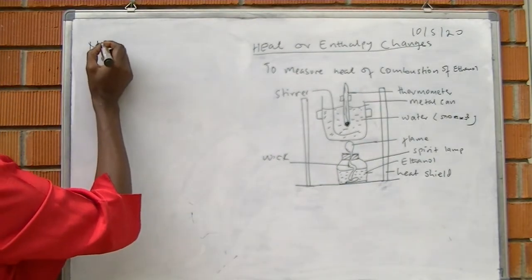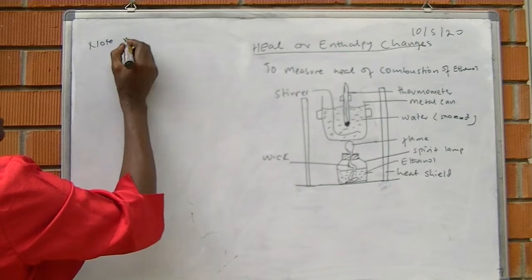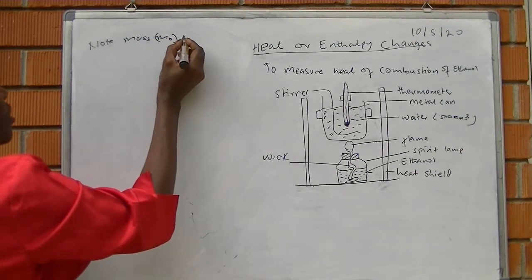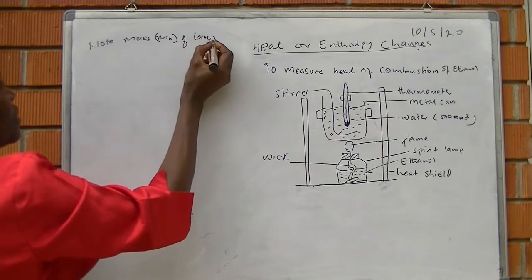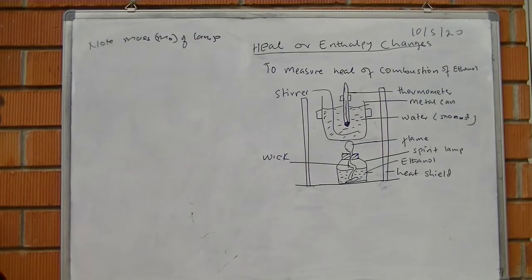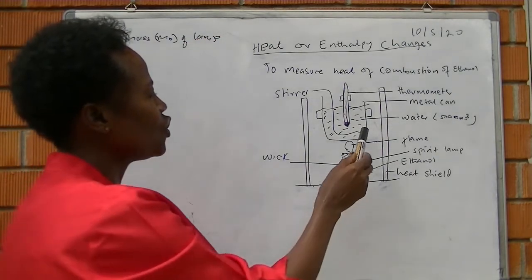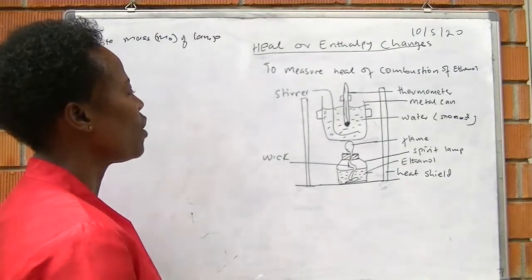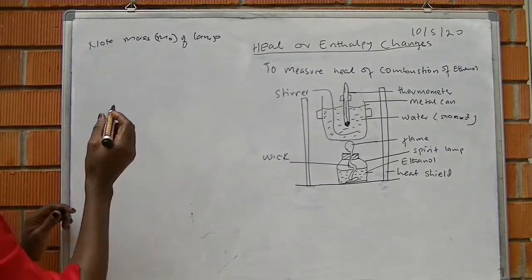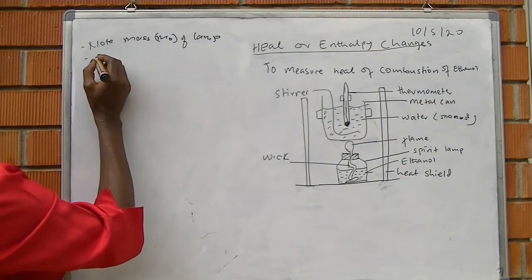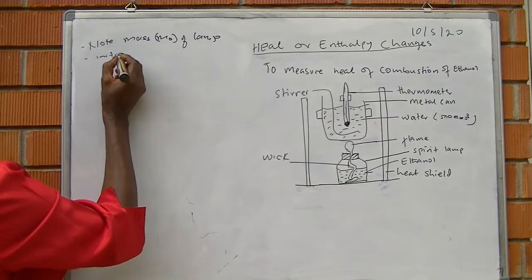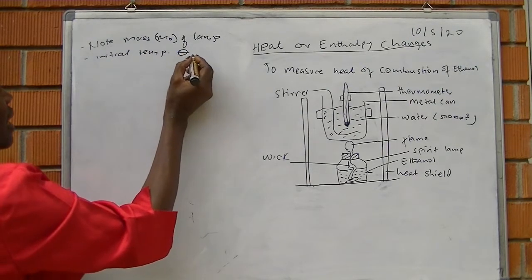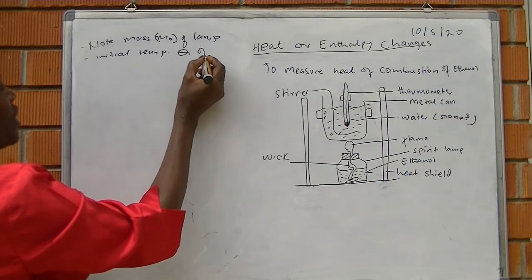Then we note the mass M naught of the lamp together with its content. Then pour water into a thin metal can and note the initial temperature, which we can call theta 1 of the water.